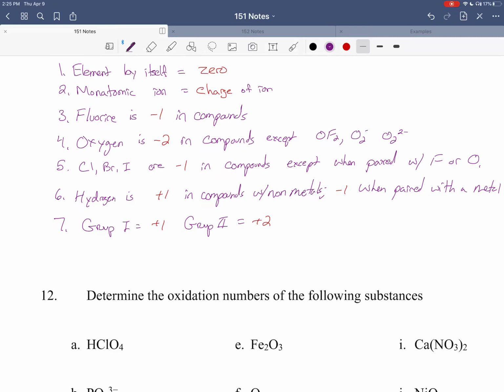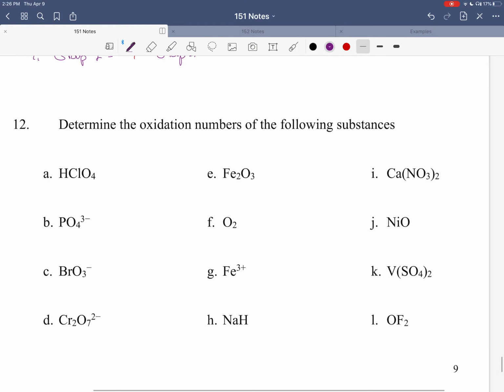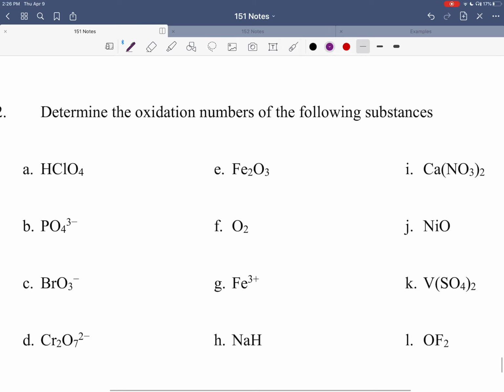All right. So let's do some oxidation numbers here for number 12. Again, we're going to have the math help on the bottom. We do A, chloric acid, -2 for oxygen. That's a -8.